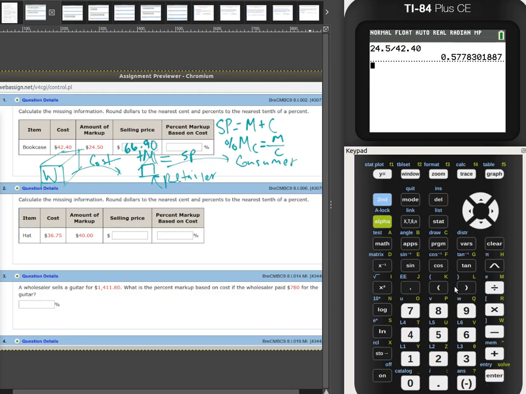So it gives it to us as a decimal, of course, but we can change it, and we should change it to a percent because it's called percent, and we even have the percent symbol here. So we should put it as a percent, which would go, we need to move this decimal two places, so we'll go here. Let's call it 57 point, I'll round to the tenth of a percent, 57.8%.